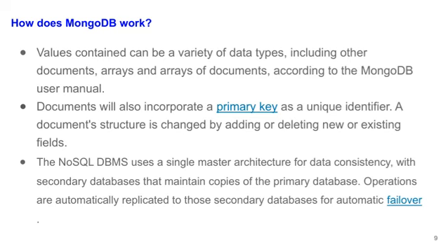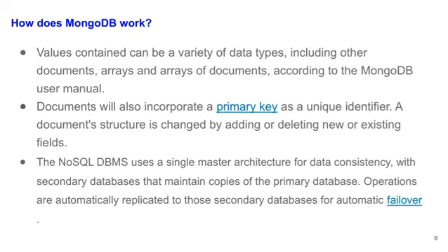Now, on the architecture side, MongoDB uses a single master setup for data consistency. That means one primary database handles all the writes and updates. But to keep things reliable, there are secondary databases that hold copies of this primary database. These secondary copies automatically replicate any operations happening on the primary, which ensures data stays synchronized. This automatic replication isn't just for keeping data consistent.